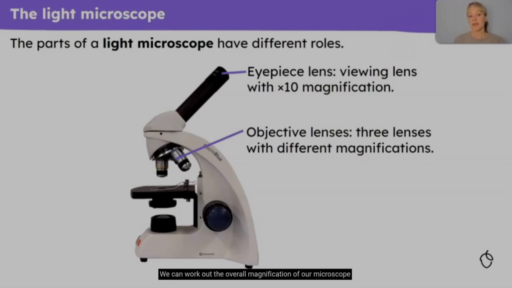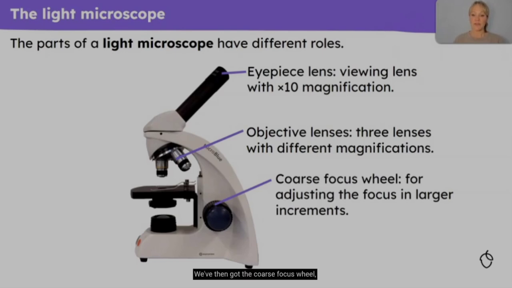We can work out the overall magnification of our microscope by multiplying the objective lens magnification by the eyepiece lens. So let's say that you were using a ×4 on the objective lens and we had a ×10 in the eyepiece. We would do 10 × 4, which gives us an overall magnification of ×40.